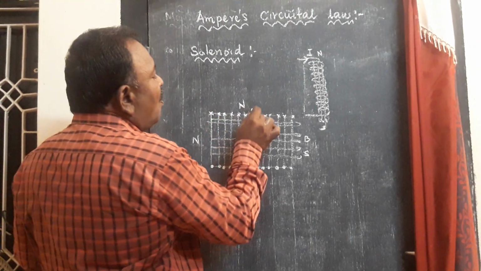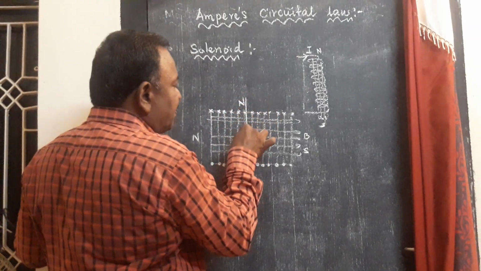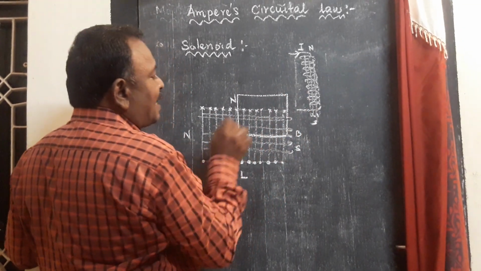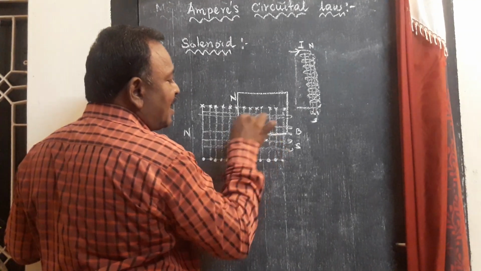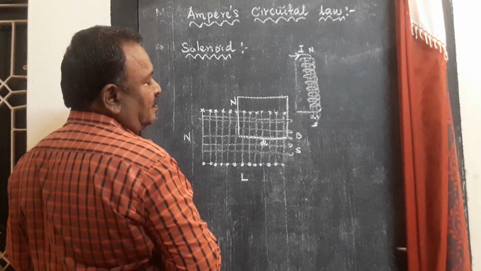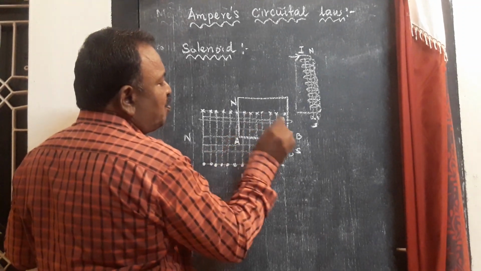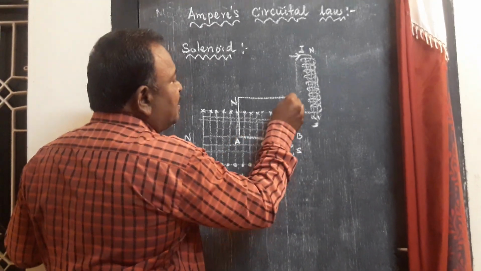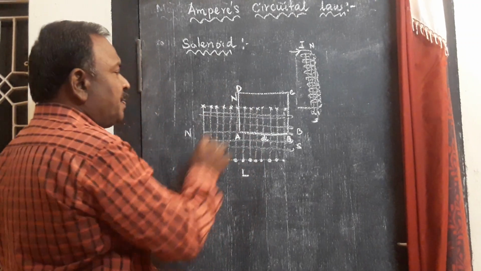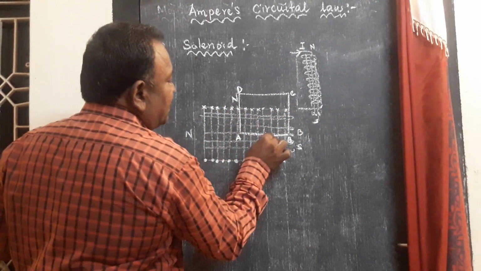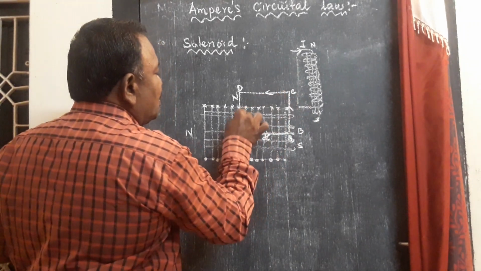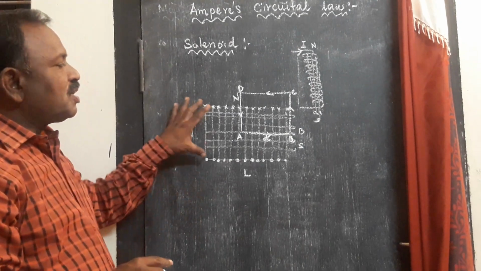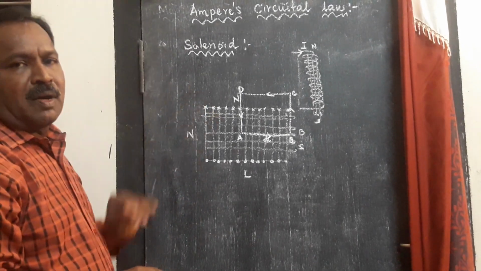Now, for our simplification, I am going to consider an Amperian loop. This Amperian loop is of length dl, and is marked as A, B, C, D. So we are going to apply Ampere's law and find out the magnetic field due to this solenoid.